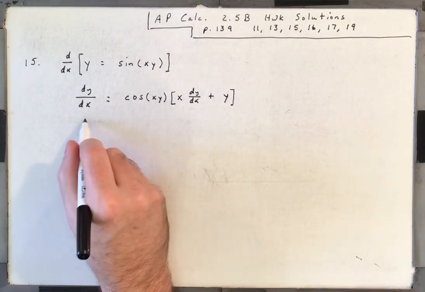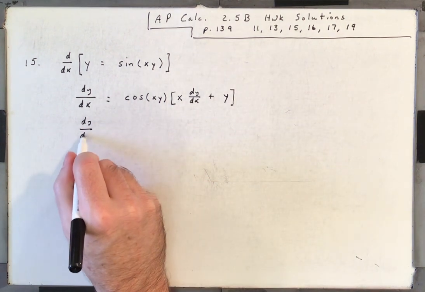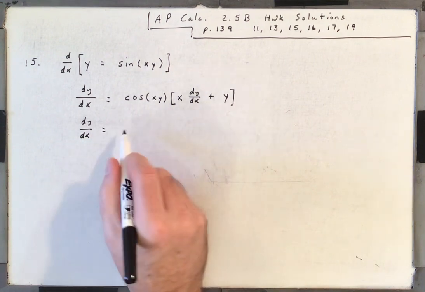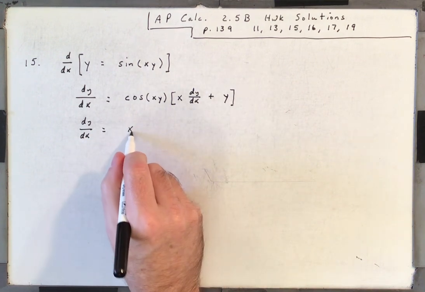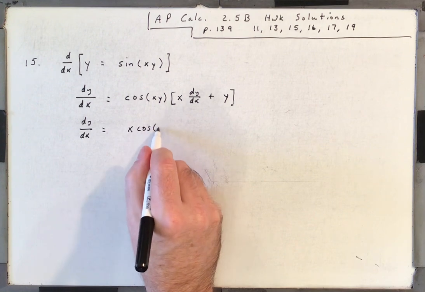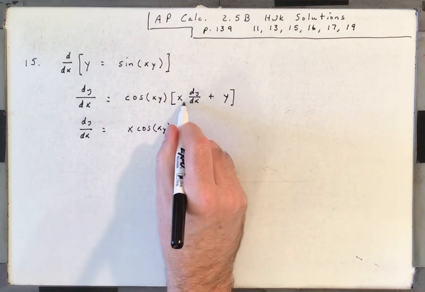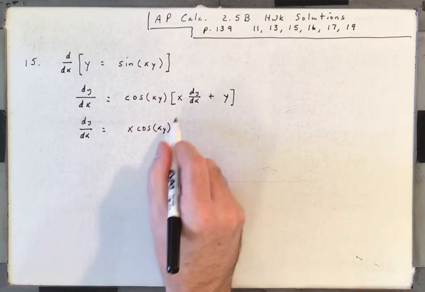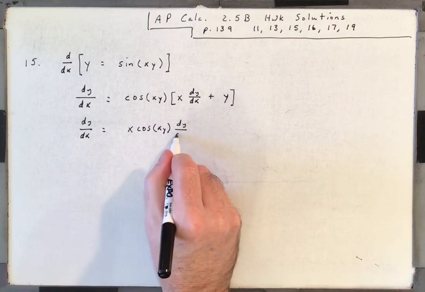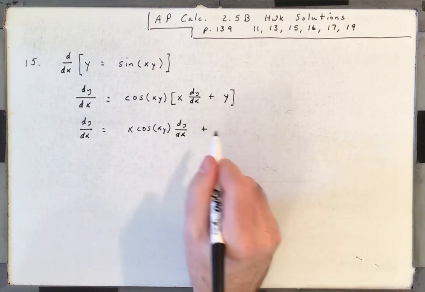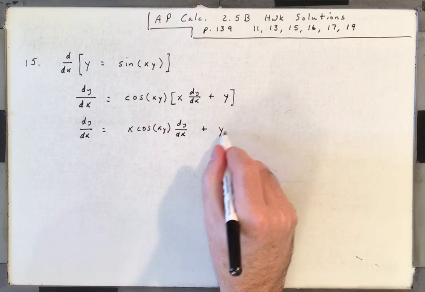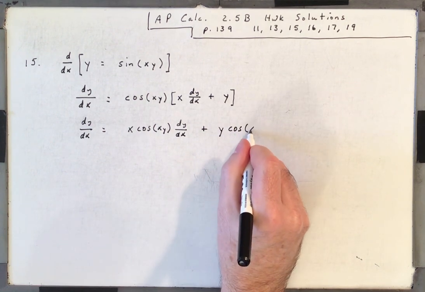All right, let's distribute now. So I have x cosine xy, so I'm multiplying this term by this term, dy dx, plus y cosine xy.